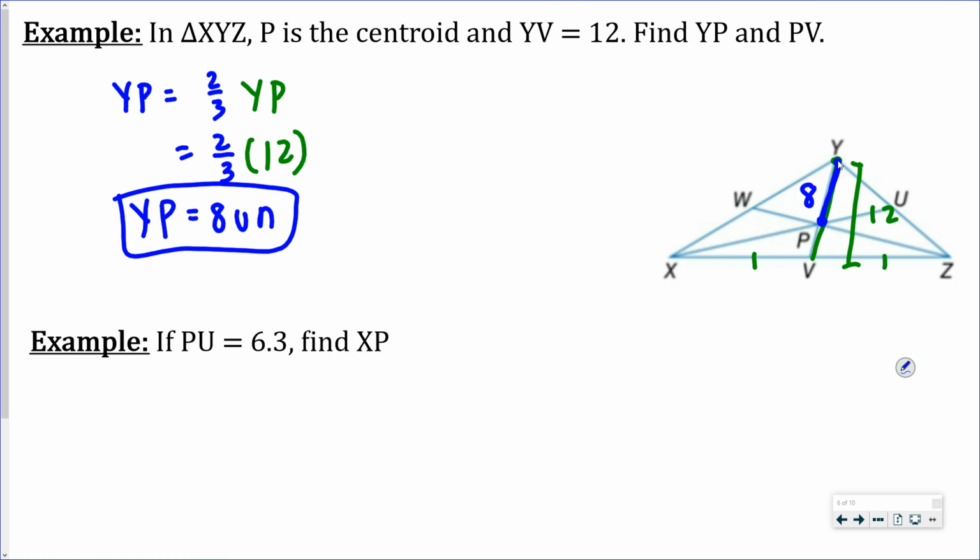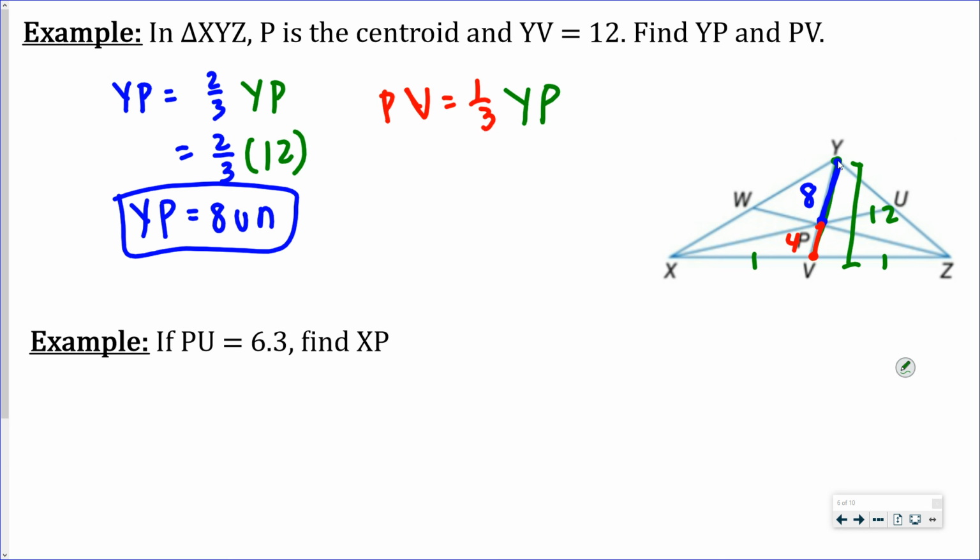Okay, that will hold true. That's the special characteristic for centroids. Now, next they want us to find PV. We could use a little common sense here. If we know the whole segment's 12, and we know YP is 8, what does PV obviously have to be? 4, right? Or let's use the characteristic: we know PV is 1/3 the whole segment.